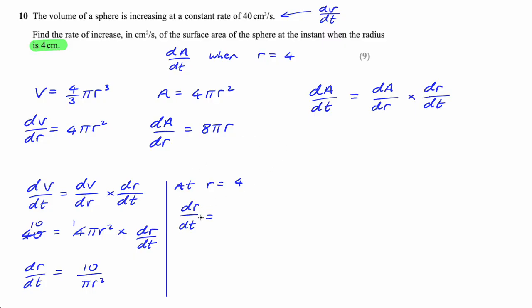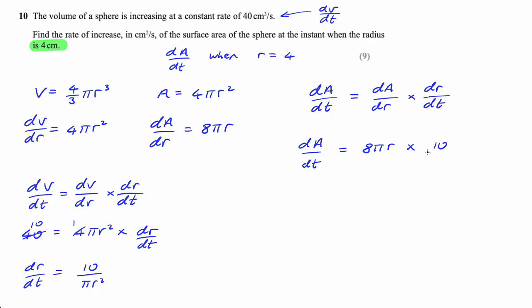well, actually, I could just sub all this in here right now and then put it equal to 4. So dA/dt equals dA/dr, which is 8πr, times dr/dt, which is 10 over πr².